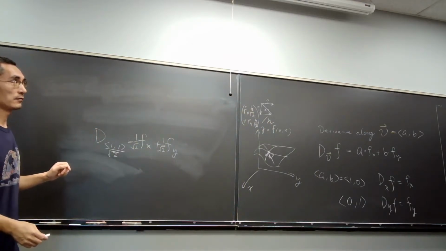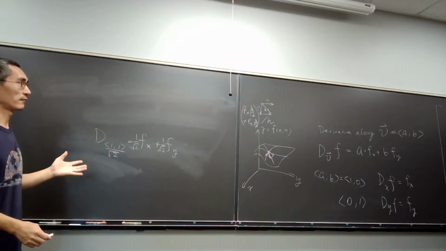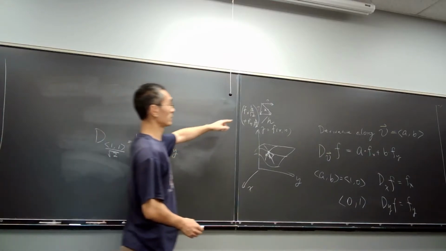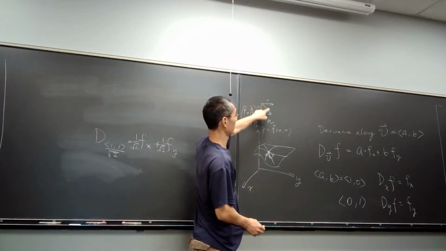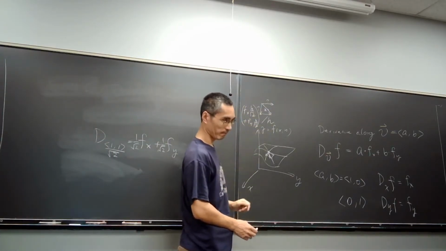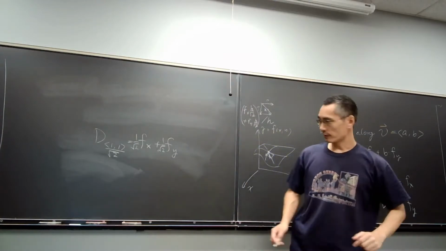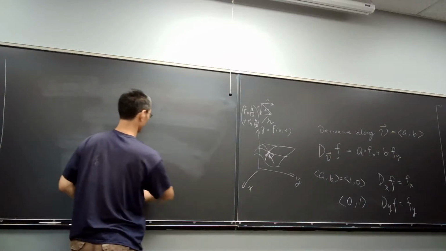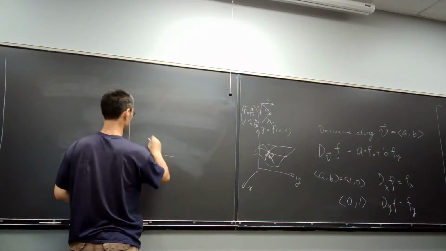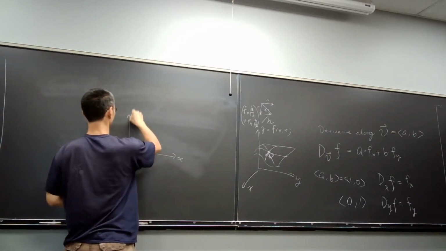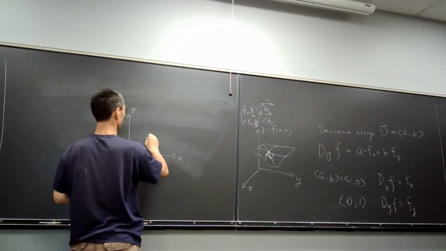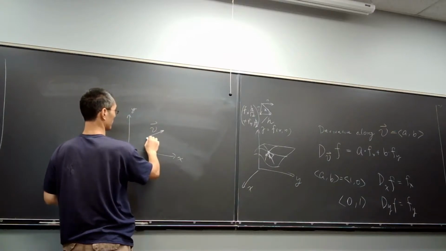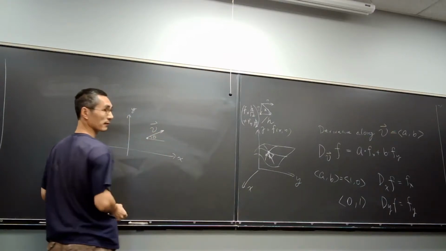Okay? So this is the explanation of why this is a directional derivative. Because that's how much the z value will change from here to here. Okay? So in general, if you have a point in space, this is fy, and ask you what is the directional derivative along this, then you need to tell me what is this theta.